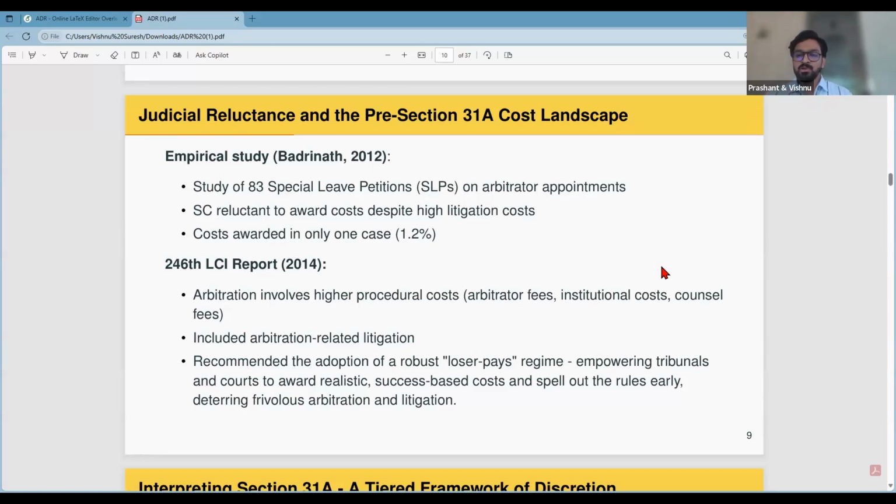Taking an amalgamation of all of this, it was distilled in the 246th Law Commission report, where it was recognized that arbitration involves high procedural costs, and so does arbitration-related litigation. So the recommendation was very straightforward: adopt a robust loser-pays regime, empowering the tribunals and courts to award realistic and success-based costs, and spell out the rules early with the purpose of deterring frivolous arbitration and litigation.